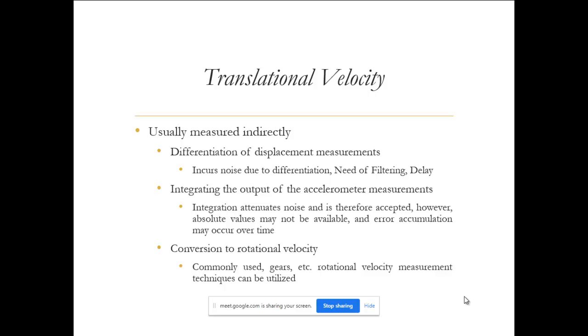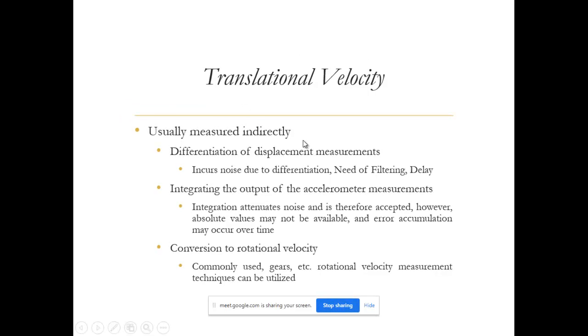This differentiation can be done either inside the computer or the controller, where we make use of techniques like finite difference methods, where we calculate velocity in terms of displacement values at time t1 and t2.